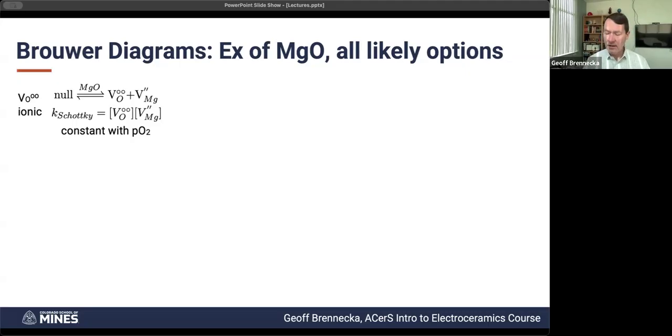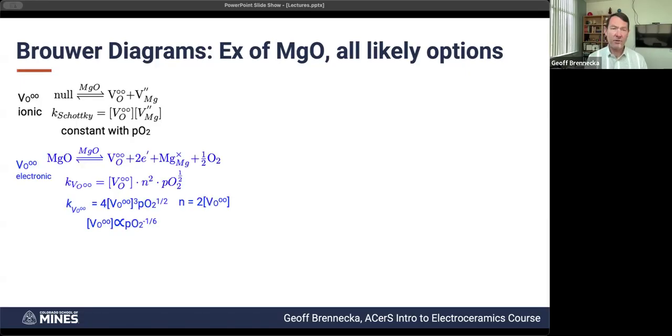So we'll look at ionically compensated oxygen vacancies. We've already done that one. It's just a Schottky defect. So we pull out an oxygen vacancy, compensate for it ionically. That's with a magnesium vacancy. Ta-da, we get a Schottky defect, and we know that that is constant with PO2 because there's no oxygen gas anywhere in that reaction. So it doesn't change with PO2.